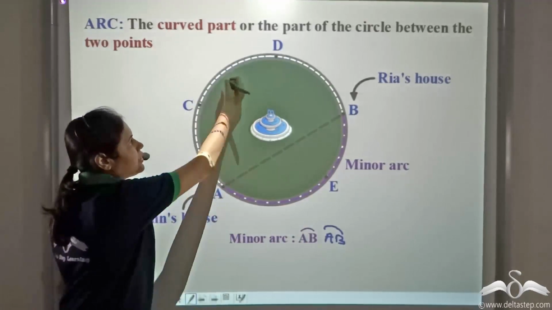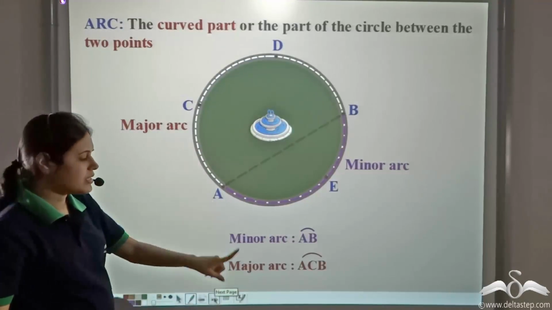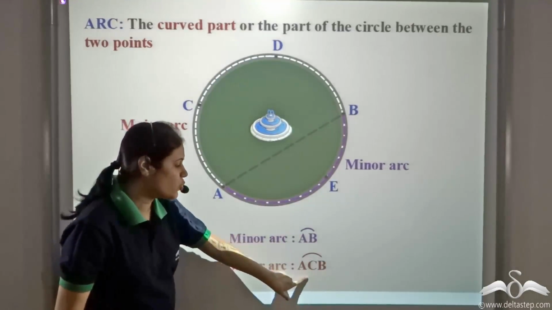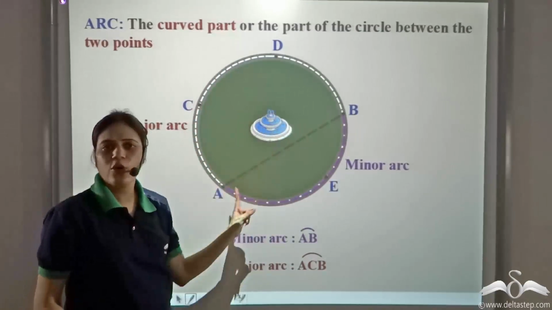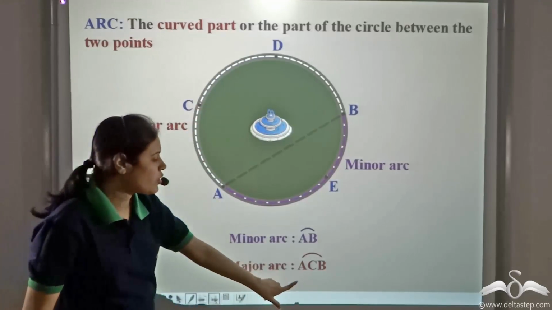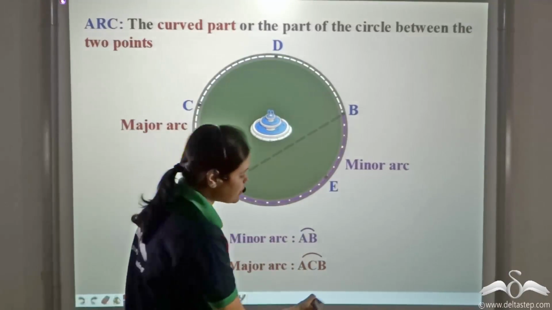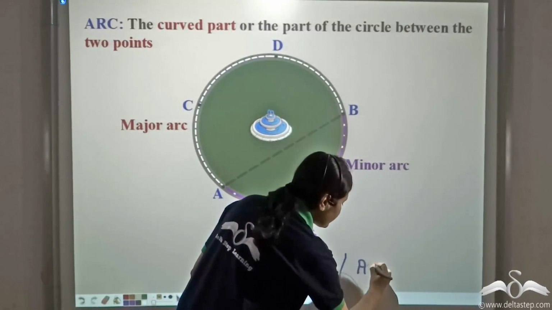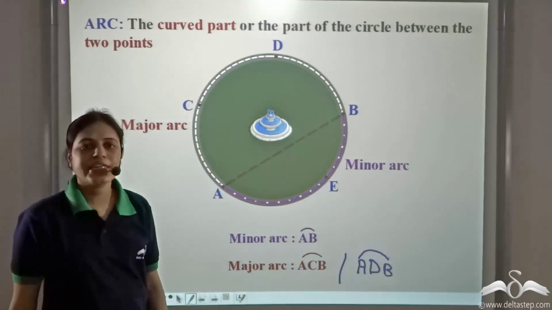And the bigger one is called the major arc and it is represented by 3 points. The two endpoints, A, B and any other point on the major arc. So we have taken point C on the major arc to represent it. This is arc ACB. Alternatively, we can also represent it as arc ADB.